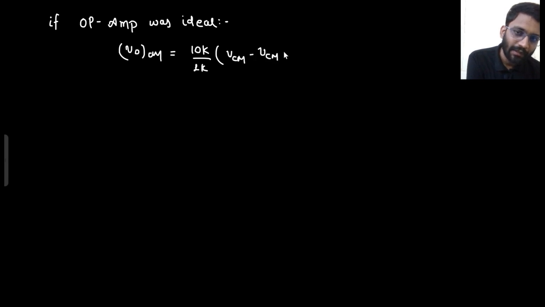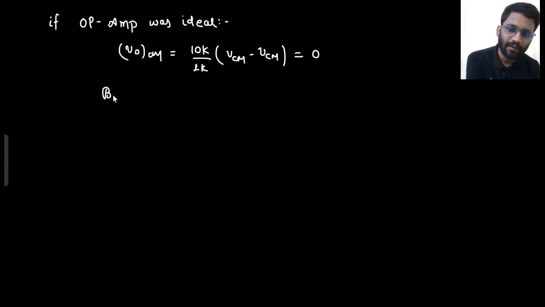What I will write is that if OpAmp was ideal, what will be your V0 CM? That would be 10K by 1K into (VCM minus VCM), which equals 0.